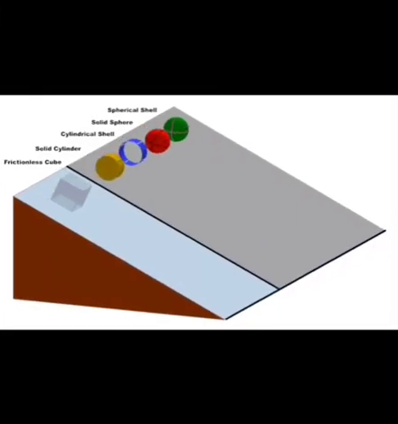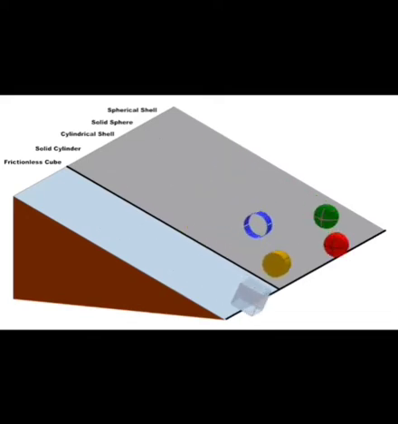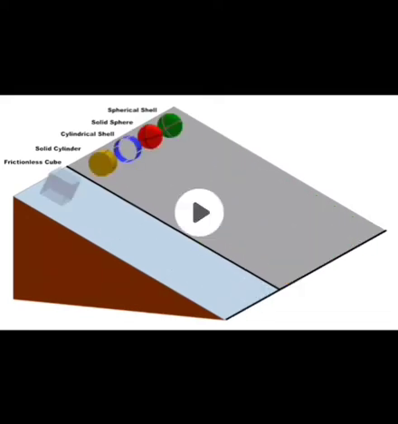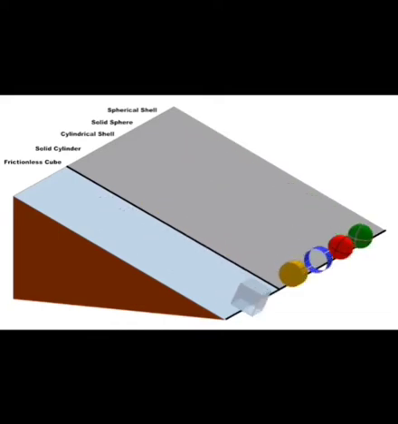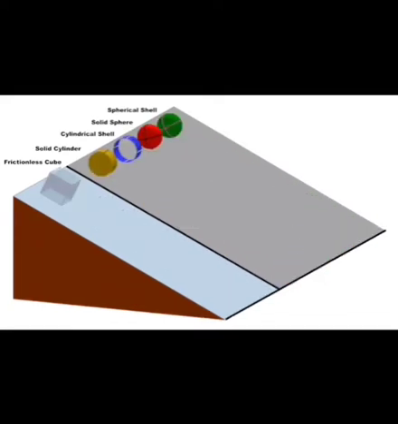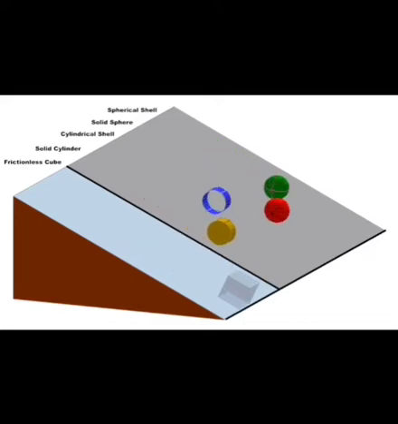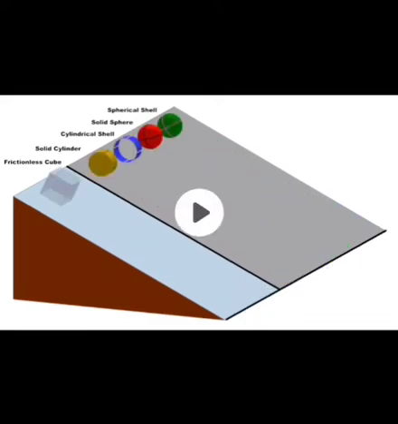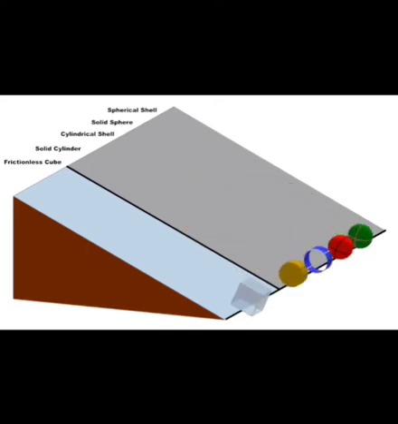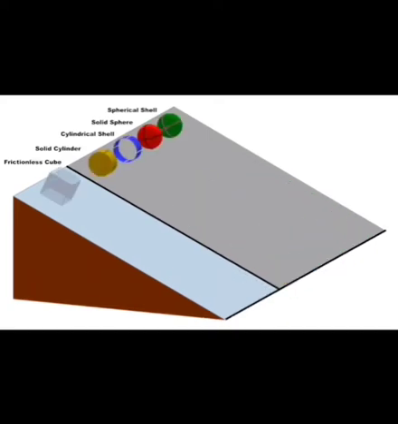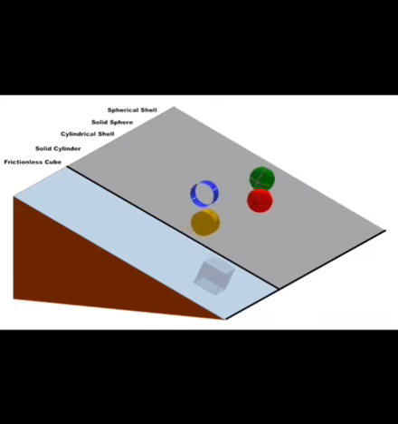Now students, as you can see, the cube, the cylinder, the shell, the sphere, some are sliding here and some are rolling here. Since the cube has a flat surface, it slides. The cylinder, the shell, the ball, these all things have a round surface.